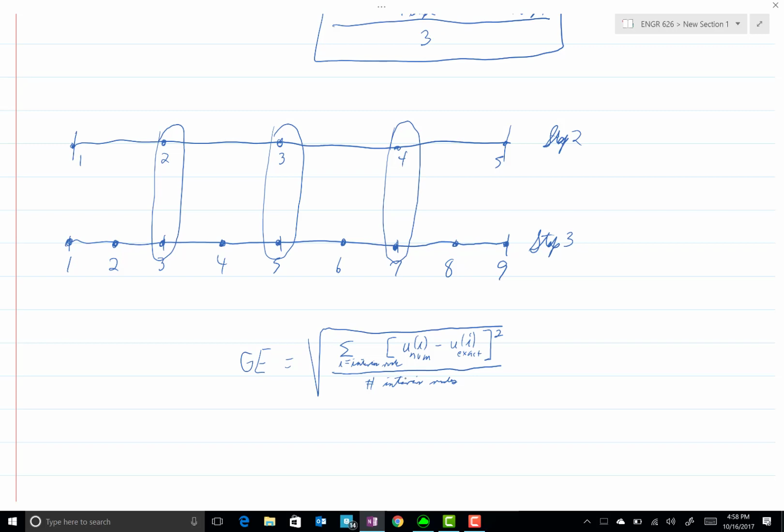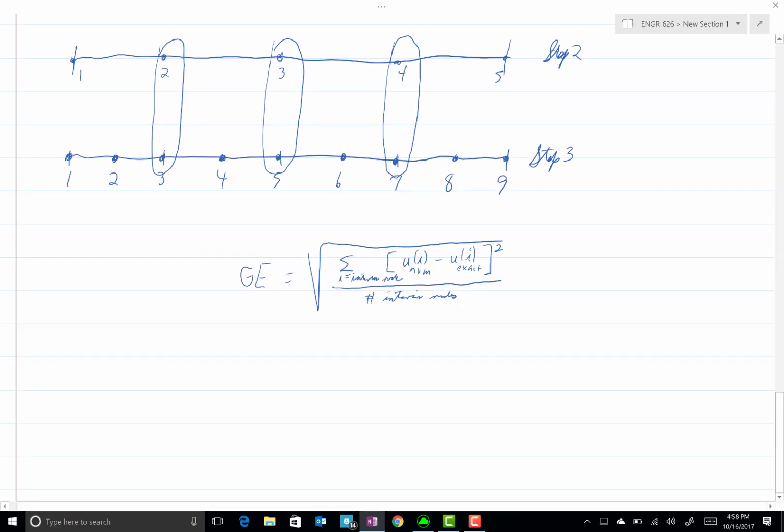And with each iteration, we can calculate a new Richardson extrapolate and then a new global error. In the end, what we want to do is plot the log of the global error versus the log of the spacing. We've already seen that for the original solution, that gives us a graph of slope 2.